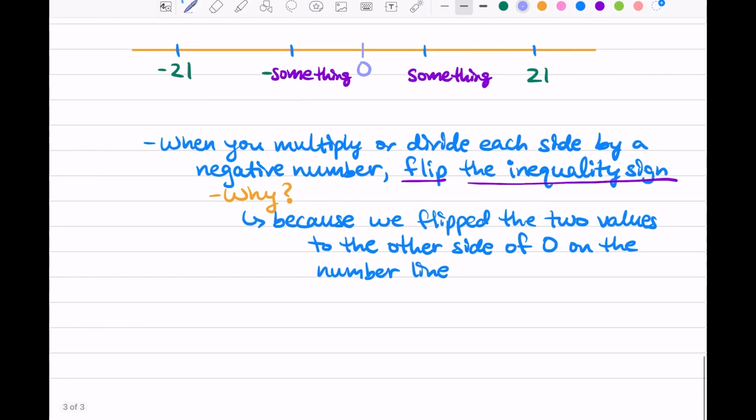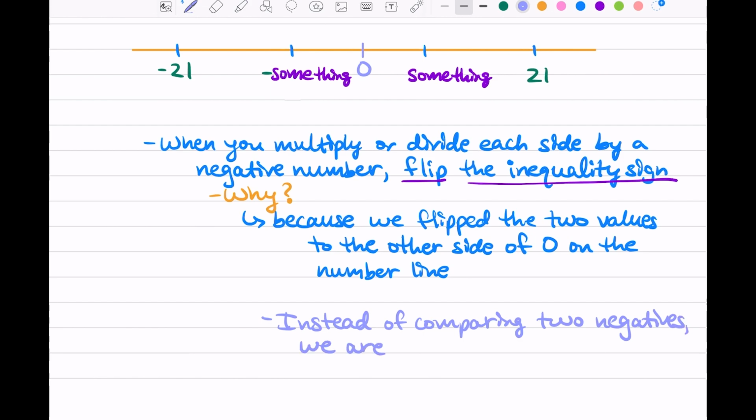And because of this, instead of comparing two negatives, we are now comparing two positives. So negatives are a little tricky.